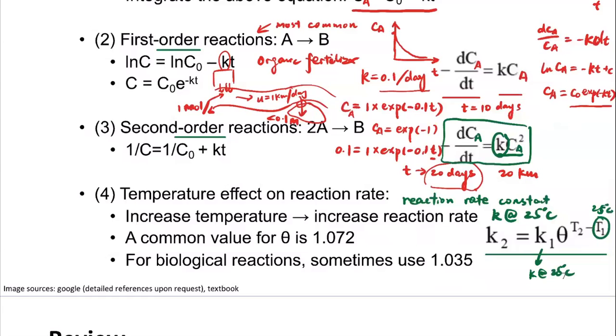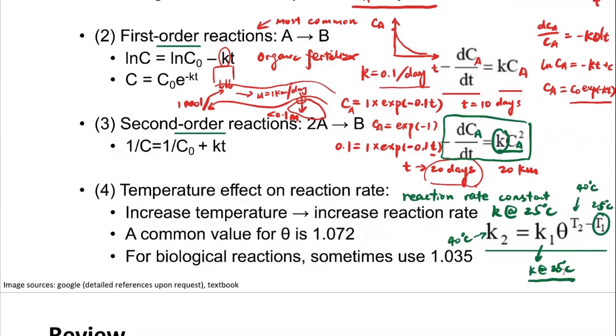If we have a higher temperature, let's say a very hot summer, 40 Celsius, then to determine k2, you just plug in the k at 25 Celsius and the temperature of 40.